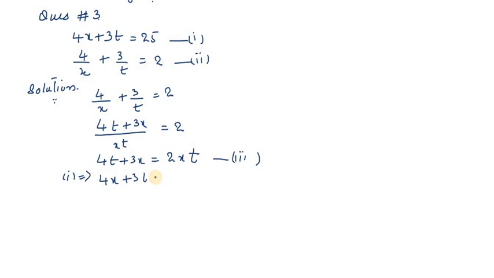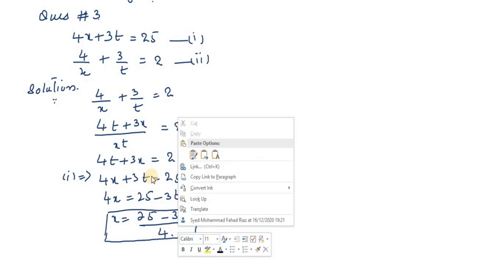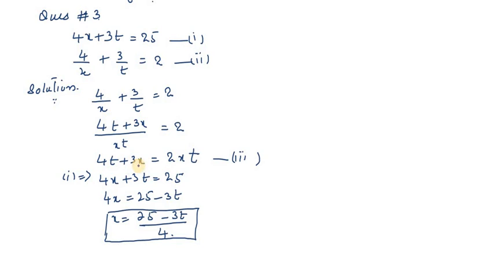This is equation number 3, and equation number 1 implies 4x plus 3t is equal to 25. So 4x is equal to 25 minus 3t, and the value of x will be (25 minus 3t) upon 4. This is the value of x getting from equation number 1. We put this value of x in equation number 3 in the place of x.